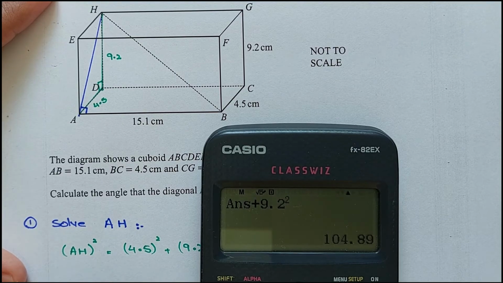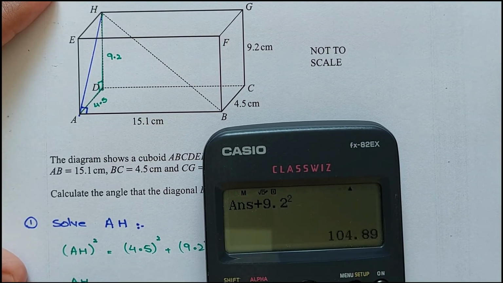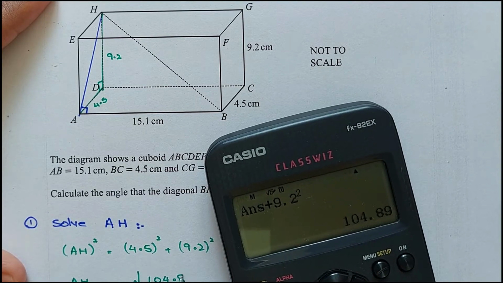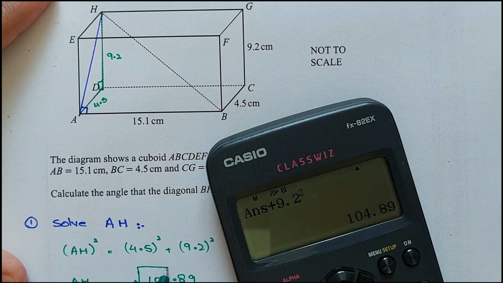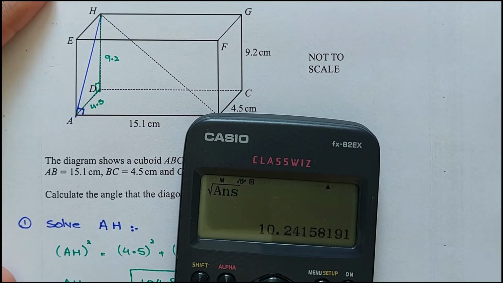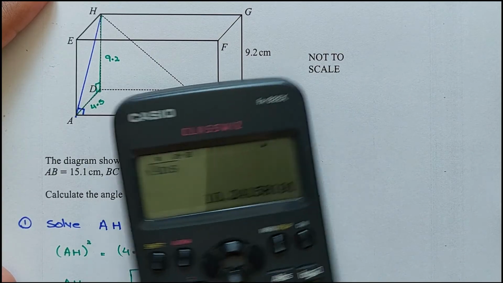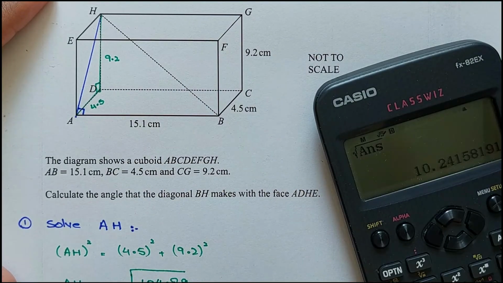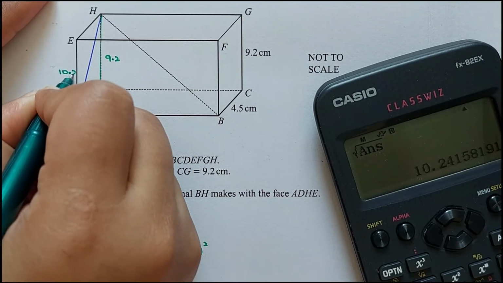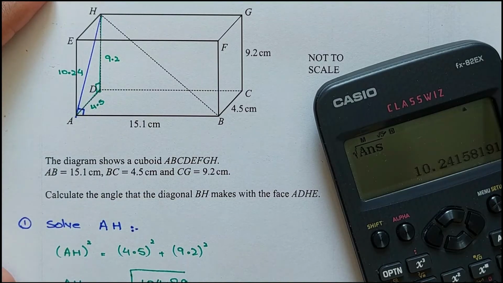So AH is the square root of 104.89. Square root of the answer is 10.24. This is 10.24 centimeters. This is AH, right?